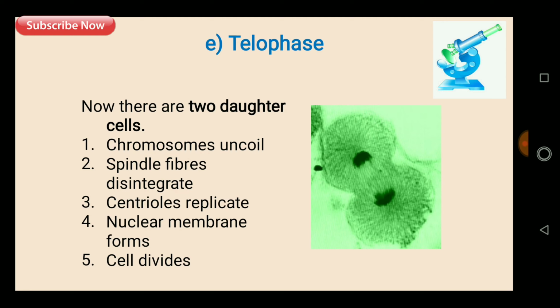The two cell furrows meet at the center, forming a dumbbell-shaped appearance. The chromosomes are uncoiled, the nuclear membrane forms, and the cell divides into two. So this is the process known as mitosis, where the chromosomes and the cells are divided.